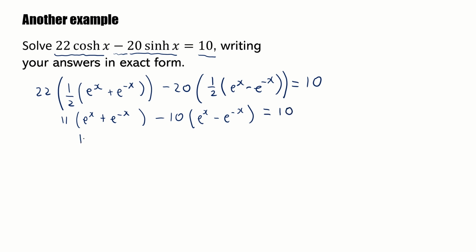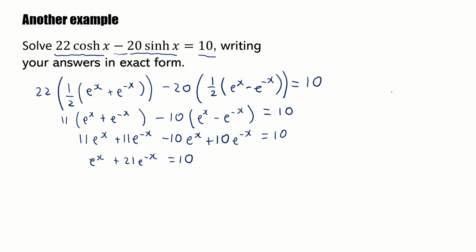And then we can take things further by multiplying out the brackets. So doing that, and then, of course, gathering like terms. So we're going to end up with e to the x, plus 21 e to the minus x, and we've got it equals 10.